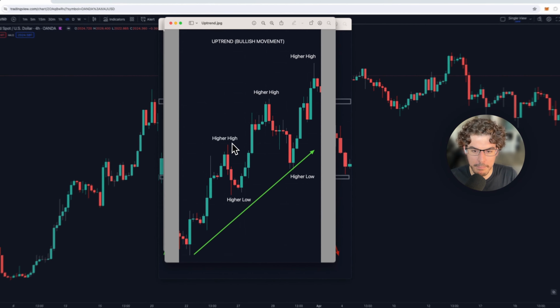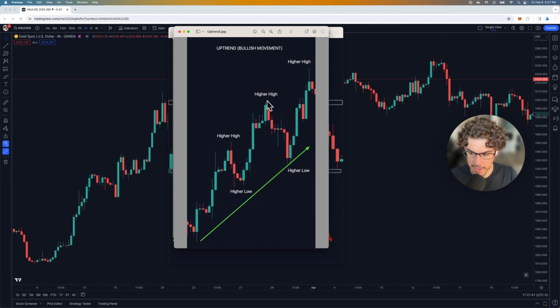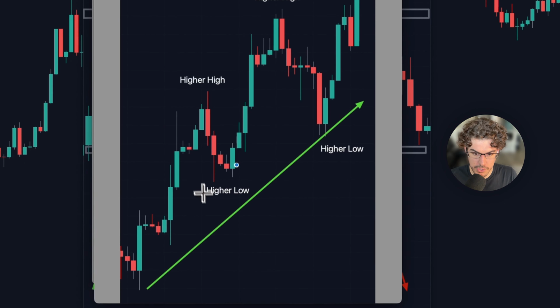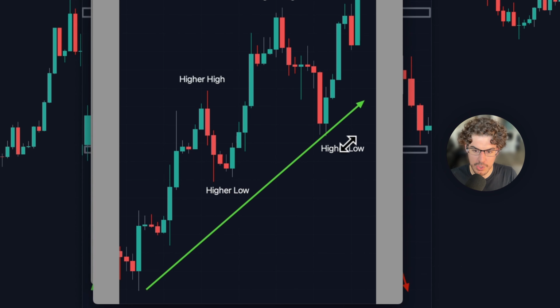It means that price is printing new highs without visiting the previous high. In this case, this high right here is not being visited again after price reached this high right here, because this is a new high. Same with the lows. This was the previous low right here, and then we had a new low right here closing higher than this low. That's why it's called a higher low.